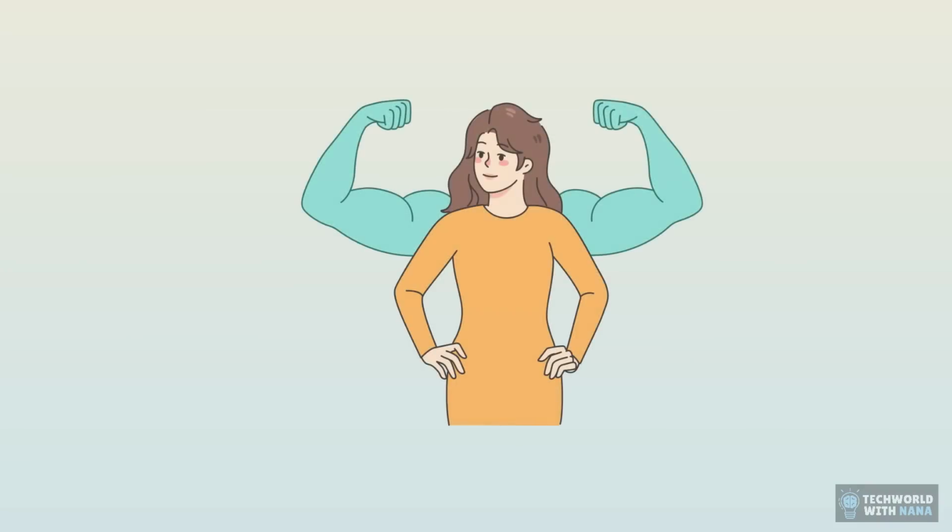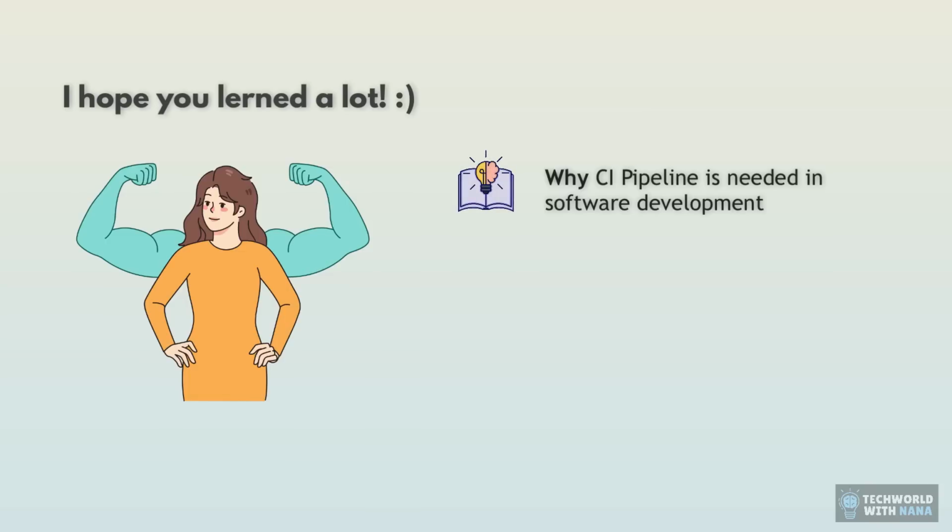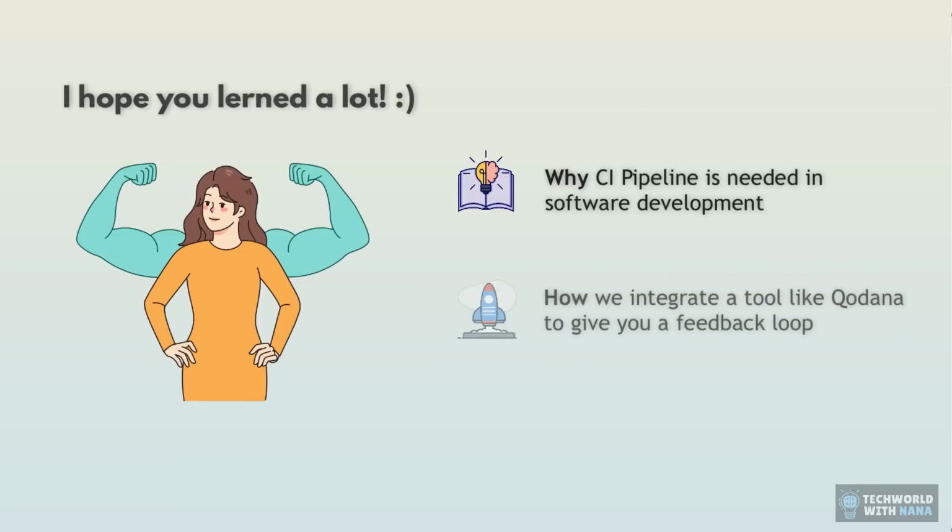Now, I hope this tutorial actually helped you to really understand why CI pipeline is needed, and as one of the steps that we execute in the CI pipeline, which is code quality check, how we integrate a tool like Qodana or basically any other tool in your CI workflow to give you a feedback loop and help you maintain good quality of your code.